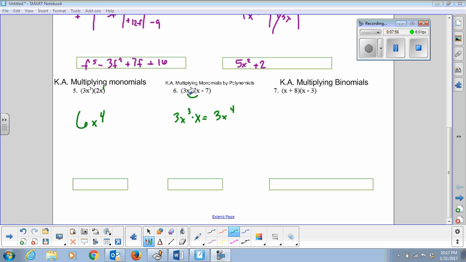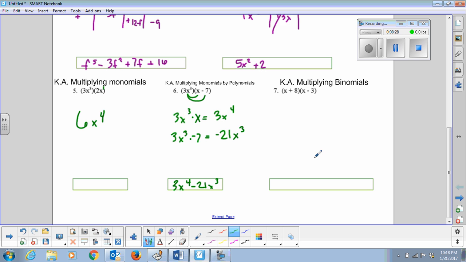So that second one is 3x cubed times negative 7. Negative 7 times 3 is negative 21, and then we have just x to the power 3 left over. So altogether, I should have seen 3x to the power 4 minus 21x cubed.